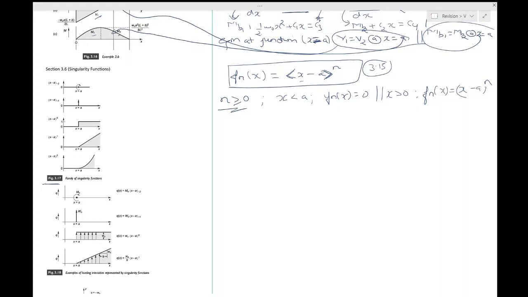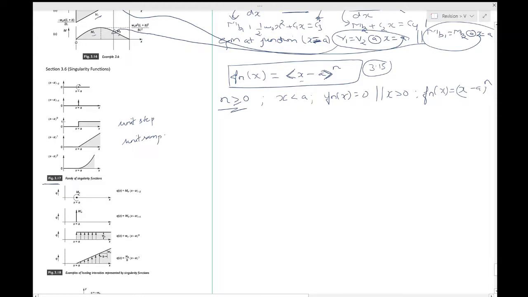Now the function <x minus a> to the power of 0 is called a unit step starting at x equal to a, and the function <x minus a> to the power of 1 is called a unit ramp. So this is called a unit step, this is called a unit ramp, when n is equal to 1.